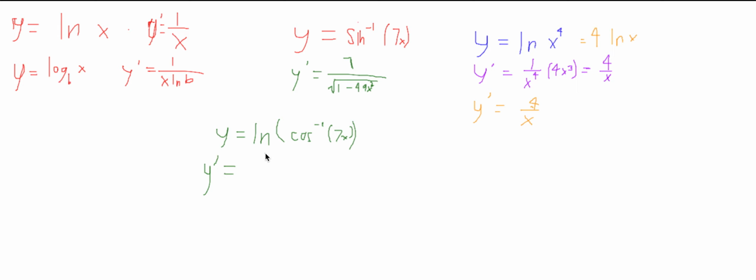y prime is going to be 1 divided by the inside, that's cosine inverse of 7x, times negative 1 divided by the square root of 1 minus, now this is going to be 7x whole squared, so that's going to be 49x squared, times 7.